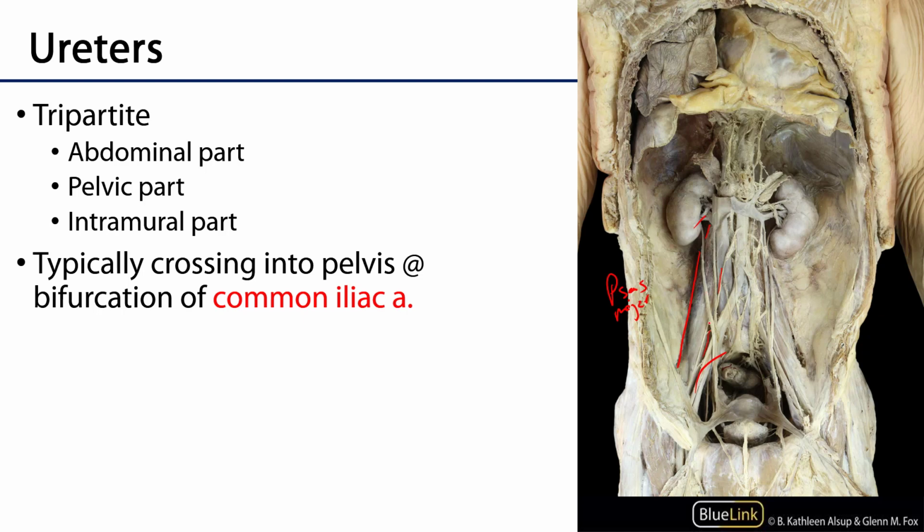And where the ureter transitions from the abdominal part to the pelvic part at the pelvic brim is also an interesting landmark, because that is the point where the common iliac artery, which is the terminal branch of the abdominal aorta, bifurcates into the external iliac artery, which serves the lower limb, and the internal iliac artery, which serves the pelvis, pelvic viscera, as well as the perineum.